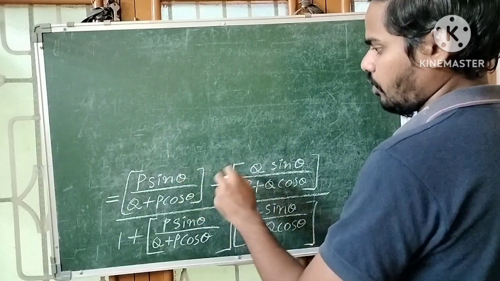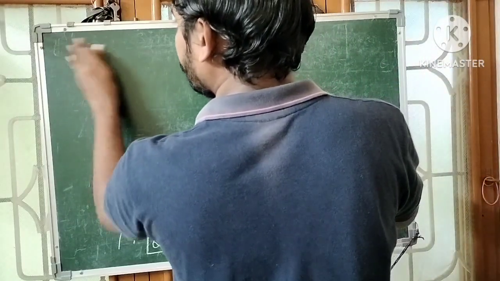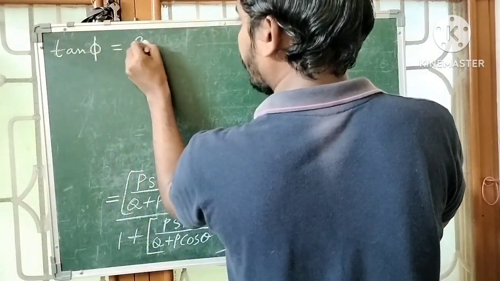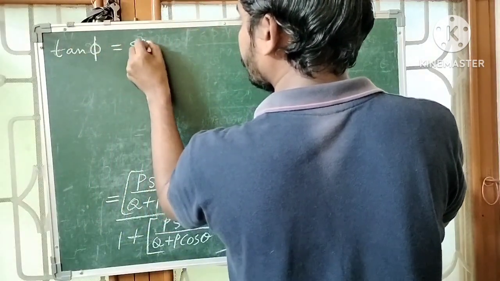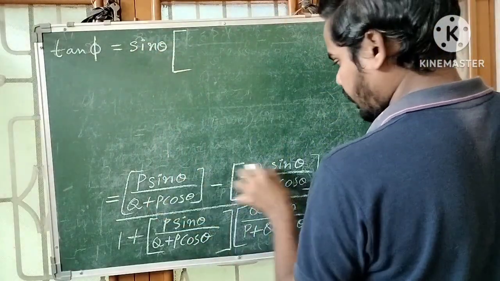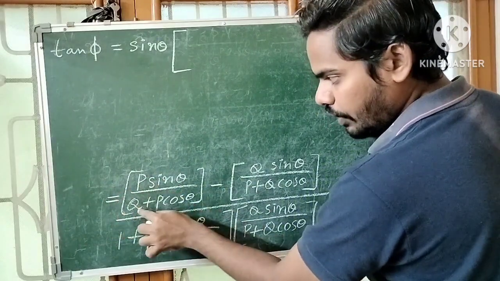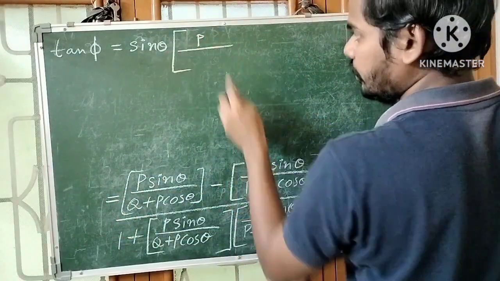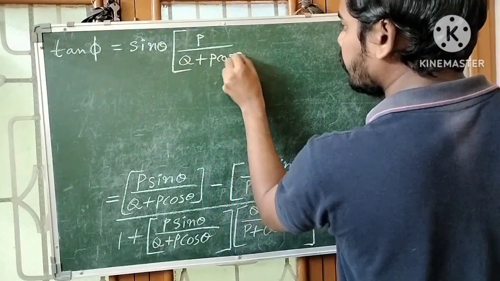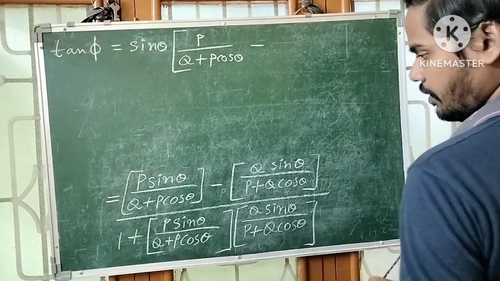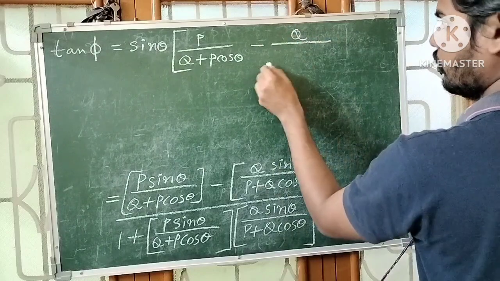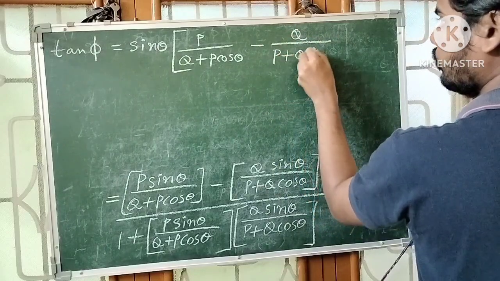So tan phi is equal to sin theta common, and the remaining expression p by q plus p cos theta minus, sin theta common, so q by p plus q cos theta.